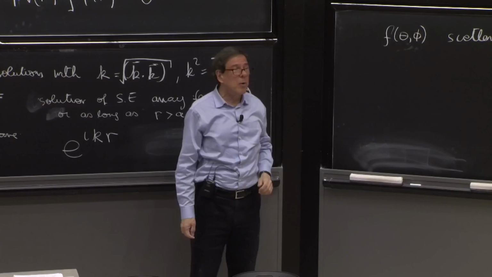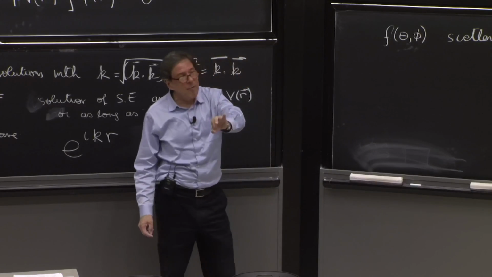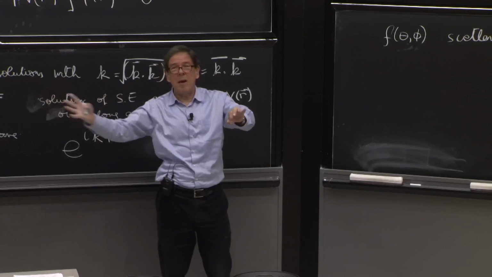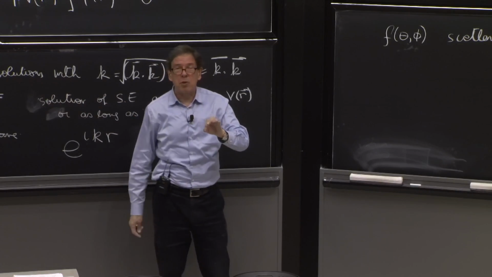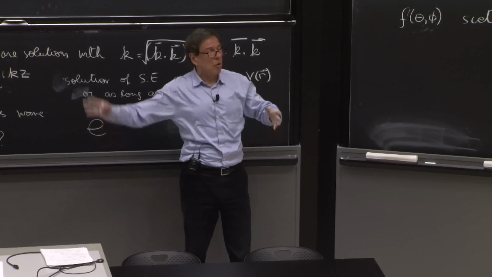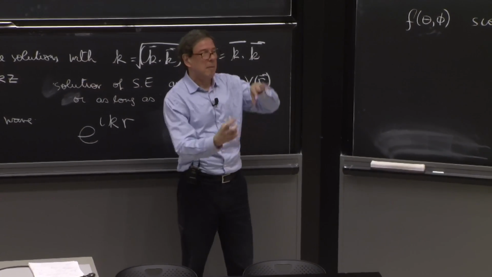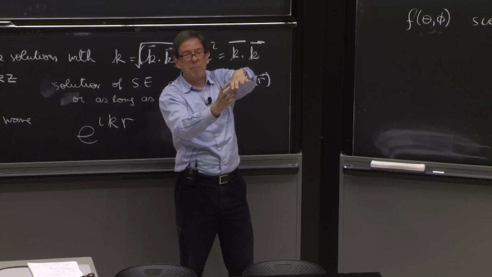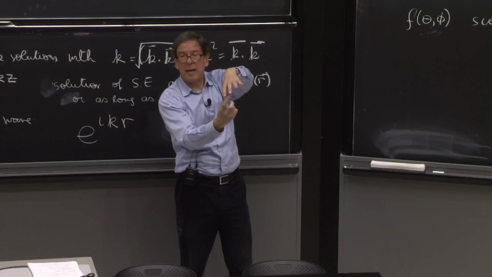Then you can say, okay, what is the area of a target that out of the incoming beam captures 3 particles per second? There are lots of particles coming in, but if you produce some area, that area will capture 3 particles per second.